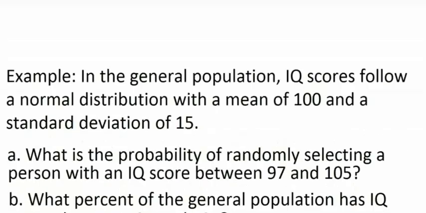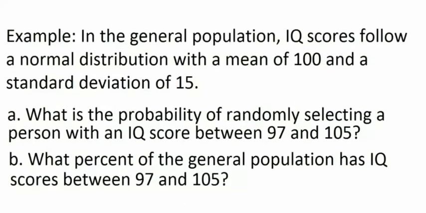So we're in the same situation. A person is being randomly selected from the general population, and now we want to know the probability that the selected person will have an IQ between 97 and 105. So what we're going to do here is turn 97 into a z-score and also turn 105 into a z-score, and we'll get 2 z-scores.